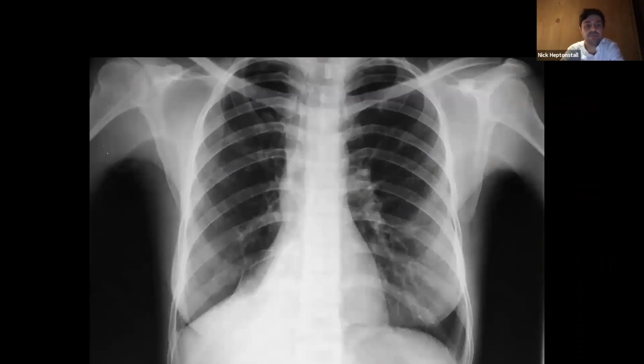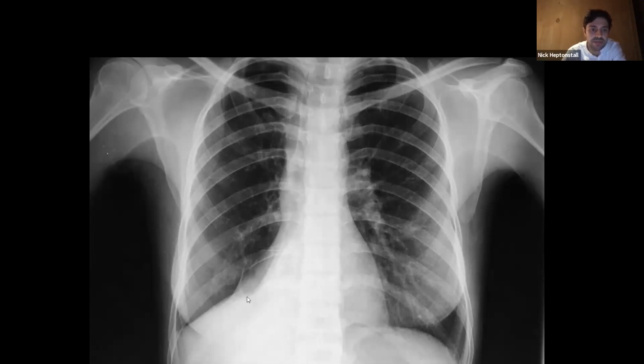Next case. So on this case, again, in the right lower zone, there's an opacity which impacts the visualization of the right heart border.